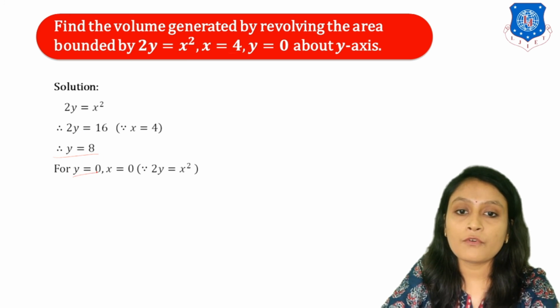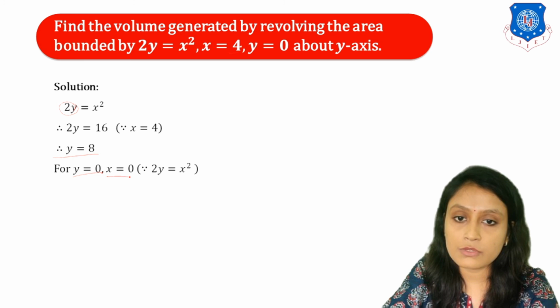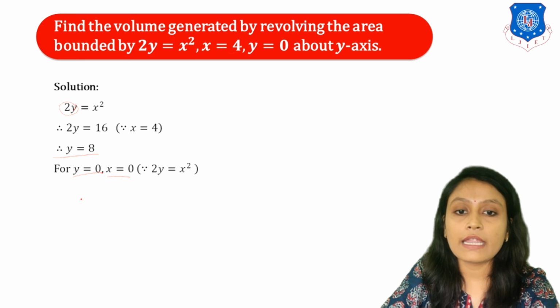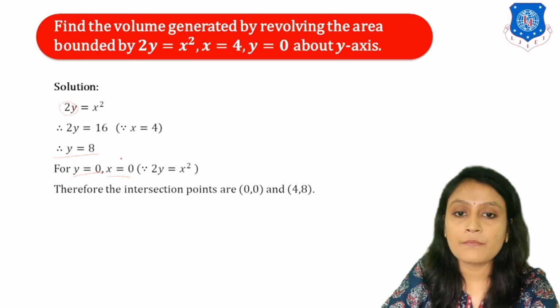Now for y equals 0, if you substitute over here, you will get x equals 0. So you will get the intersection point as (0, 0) from this, and here x is 4 and we have y as 8, so the other point is (4, 8). So the intersection points are (0, 0) and (4, 8).